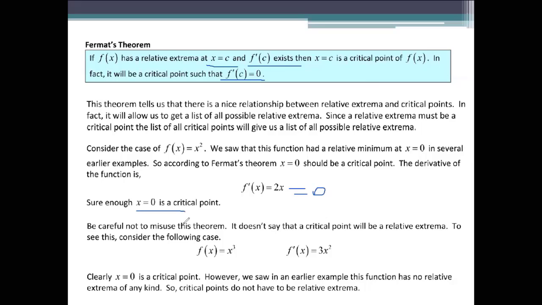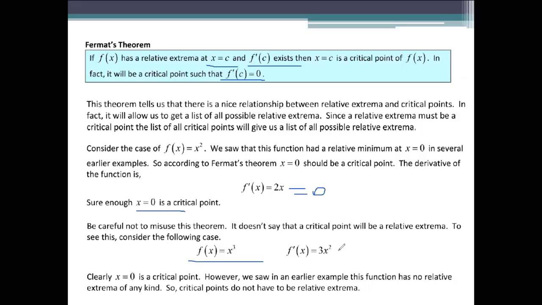But be careful not to misuse this theorem. It doesn't say inversely that a critical point will be a relative extrema point. This is not correct. If we have a critical point, it will be relative extrema. It's not correct. But if it is relative extrema, it will be a critical point. To check this, consider the following example. f of x is x cubed, and here the derivative of f is 3x squared.